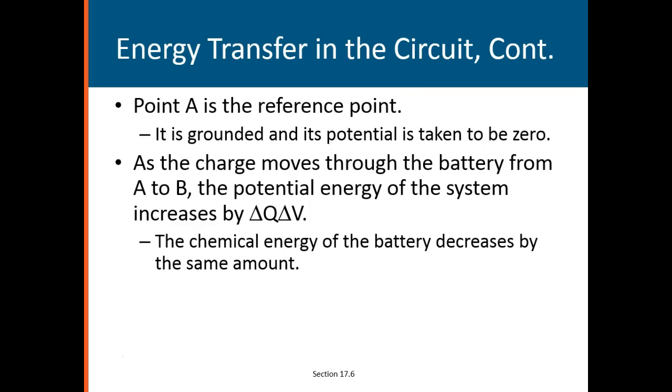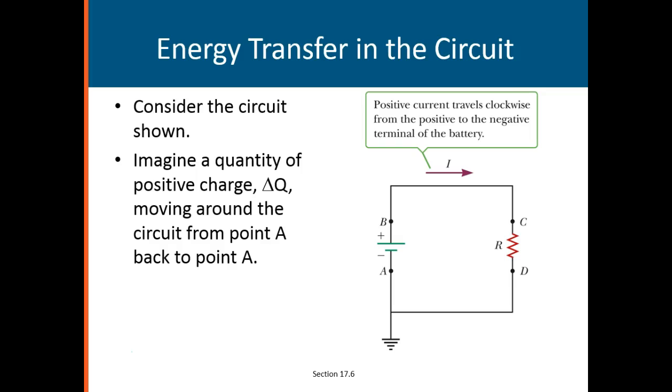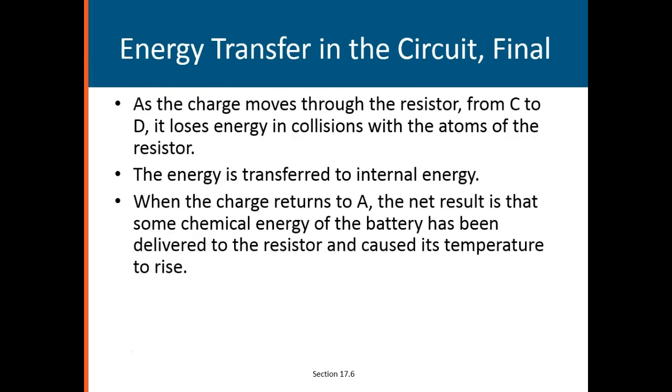The chemical energy in the battery decreases by the same amount. It's the same thing they said on the earlier slide, okay? So they're just repeating what they said there.